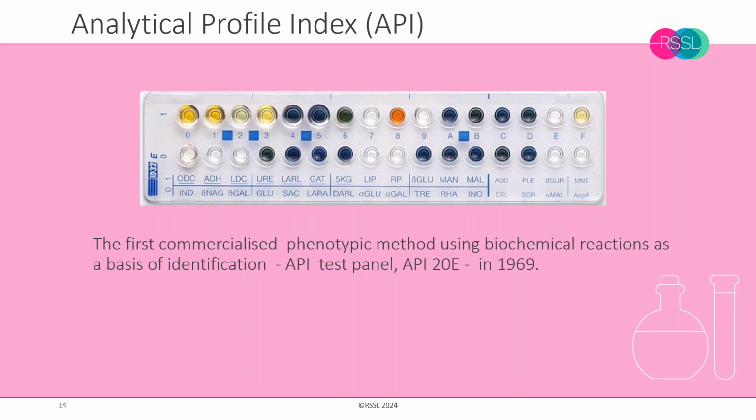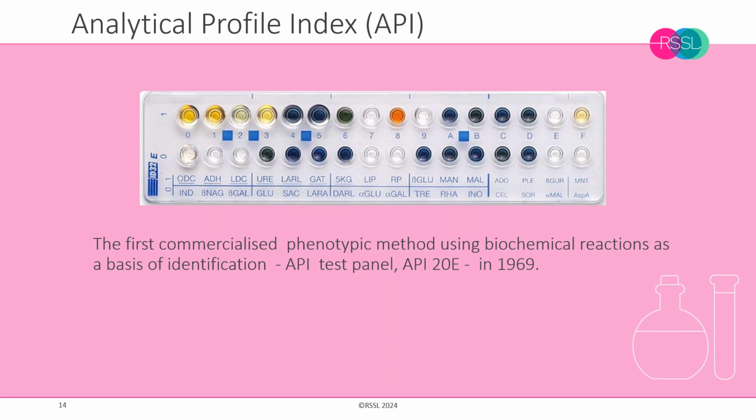The first API was the API 20E, and that was created in 1969. And the system is still in use today. Essentially, in each of the wells, there's a series of carbon utilization and biochemical reactions.